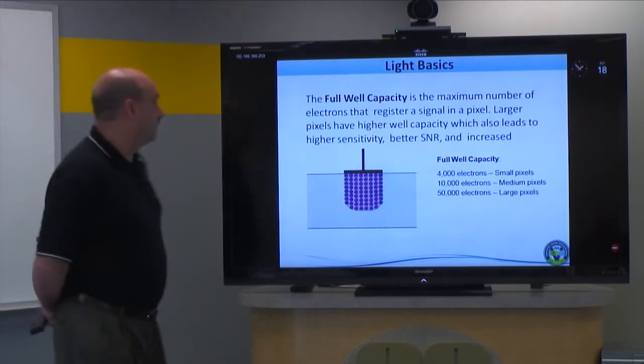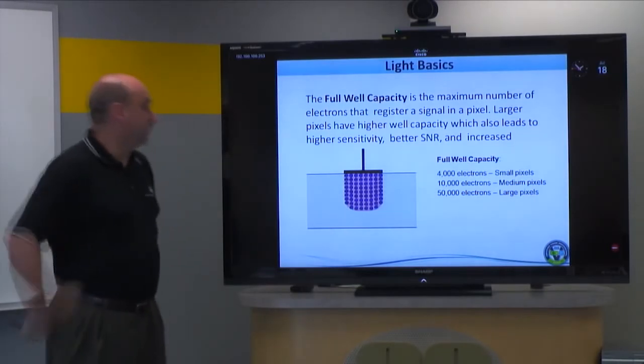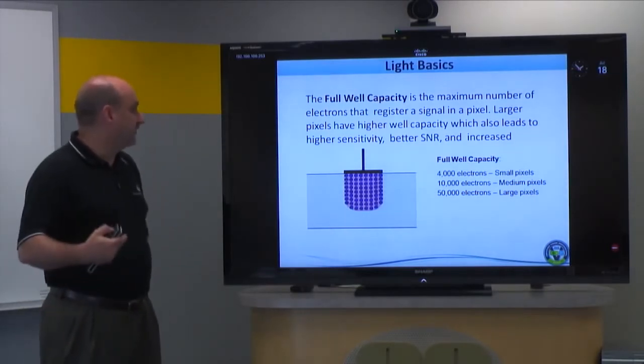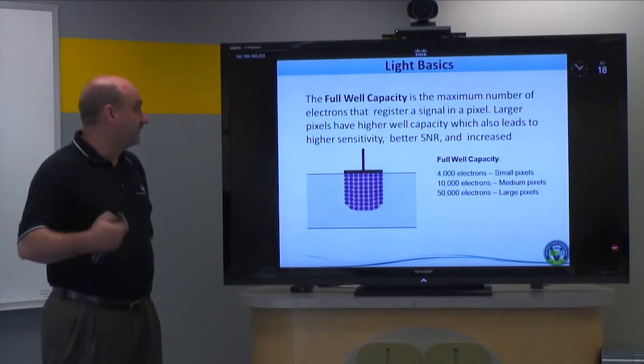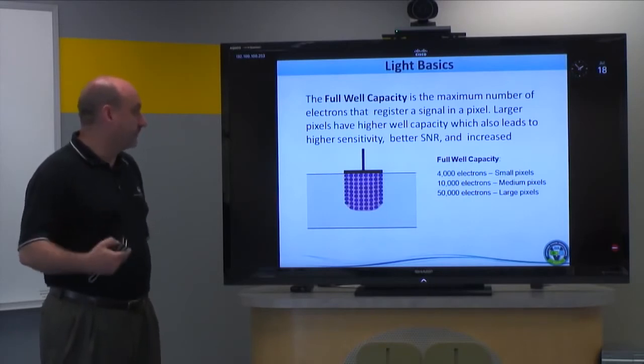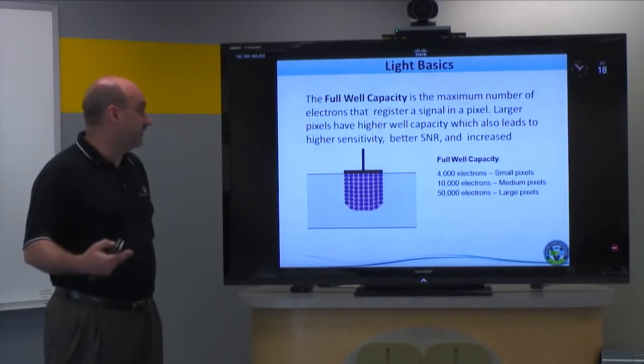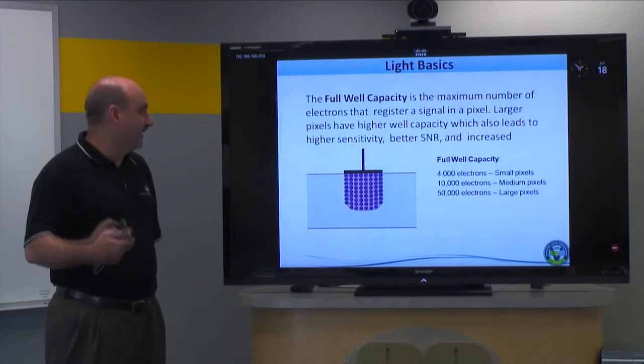The full well capacity of the sensor, or of the pixel, is the number of electrons that register in a signal in a pixel. Larger pixels have a higher well capacity, which also tends to lead to higher sensitivity, better signal and noise, and increased dynamic range.